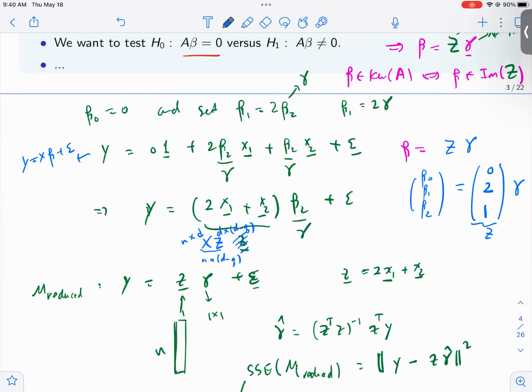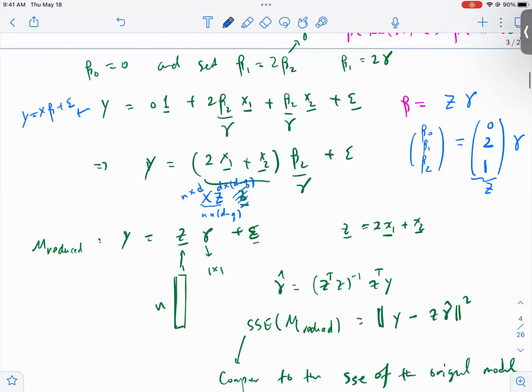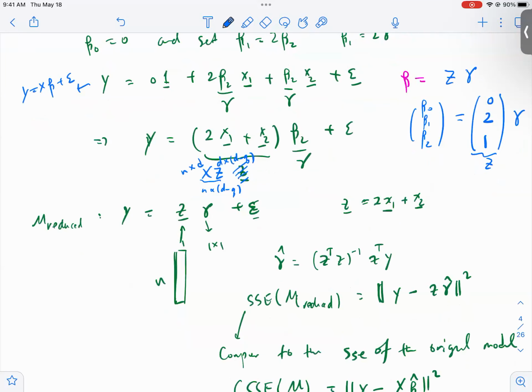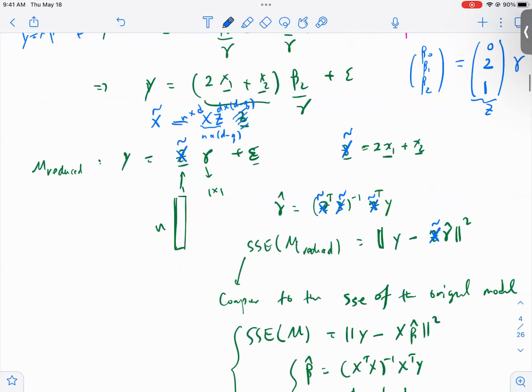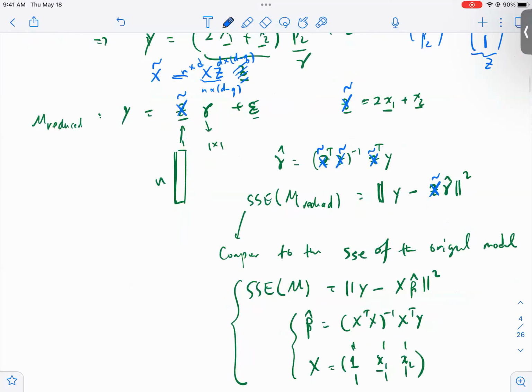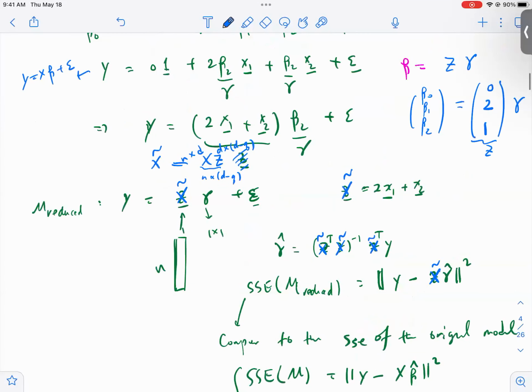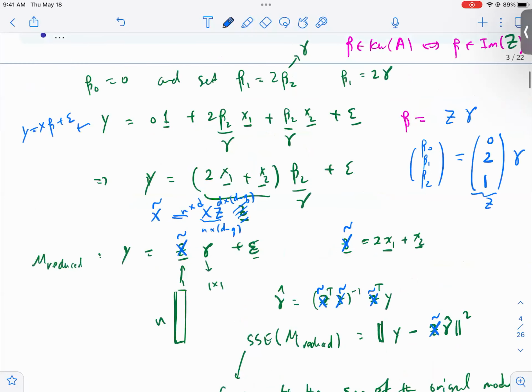So you just sum some of the elements of the columns of X. In the new notation, I'm going to call this X tilde. And then you can fix the rest yourself. So this is with the new notation. Once you plug this in, you get the reduced model. The reduced model has one free parameter.